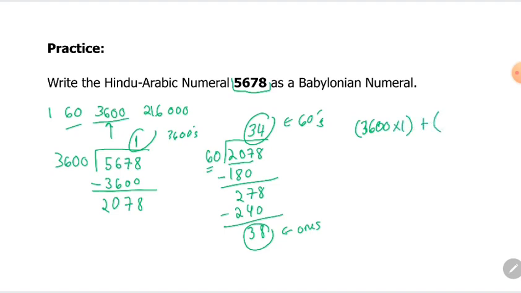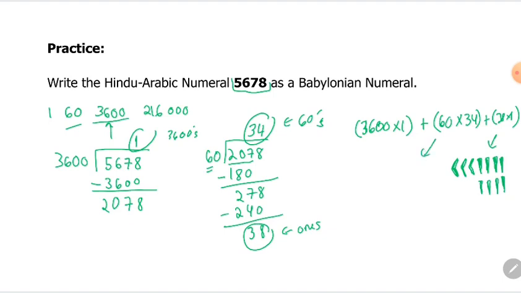So if we put that in expanded form, plus 60 times 34 plus 38 times 1. So in symbolic form, 38, we have to use 3 of the V's, and then 8 of the wedges.